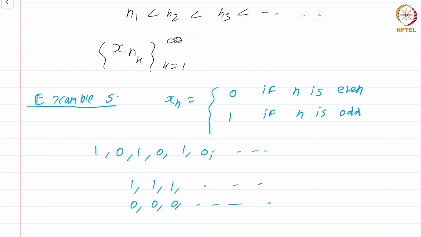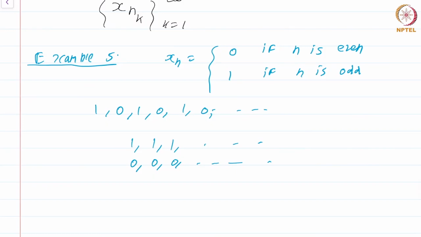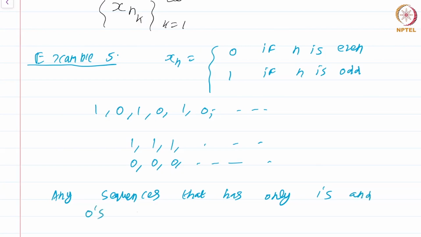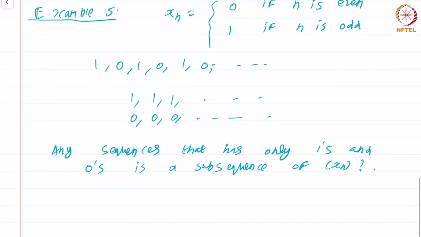Note, these are not the only subsequences. Any sequence that has only ones and zeros is a subsequence of this particular xn. Please check why that is true. But these two, 1 1 1 1 1 and 0 0 0 0 0, are interesting subsequences.